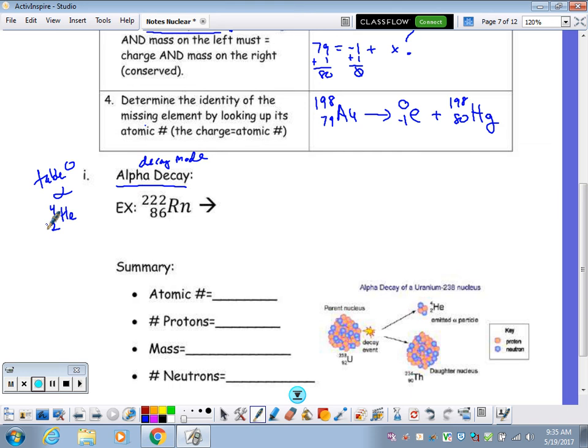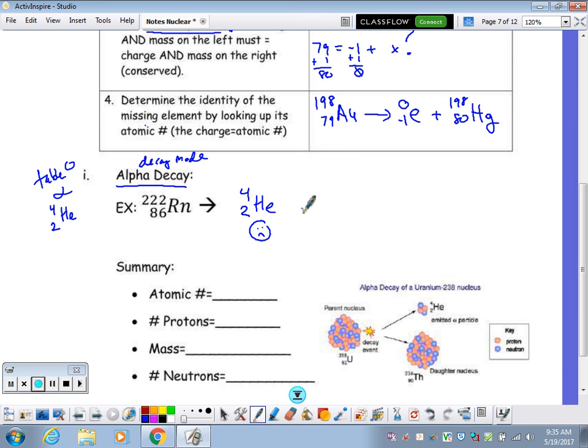Since I know that Rn-222 goes through an alpha decay, right away I'm going to write down that alpha particle symbol. This is the bad stuff. This is the stuff that is scary when the nuclear reaction is occurring.